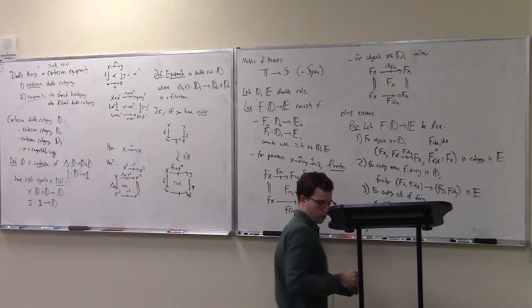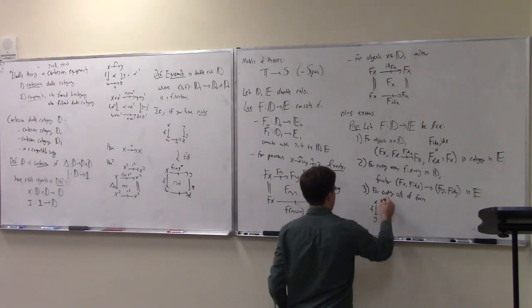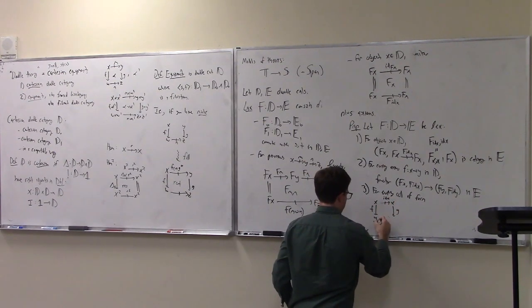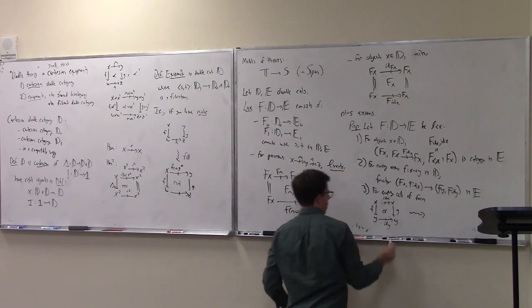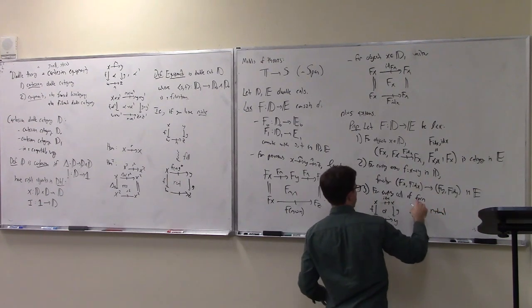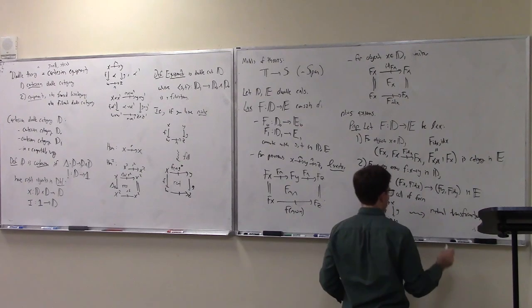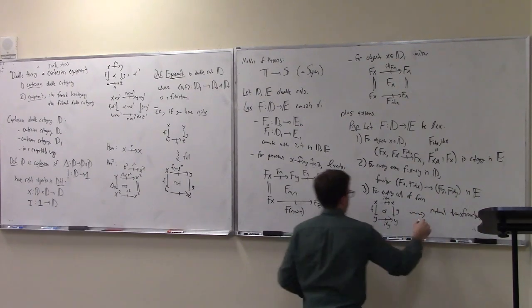Does this stand in the way? I get a natural transformation in E by applying F.